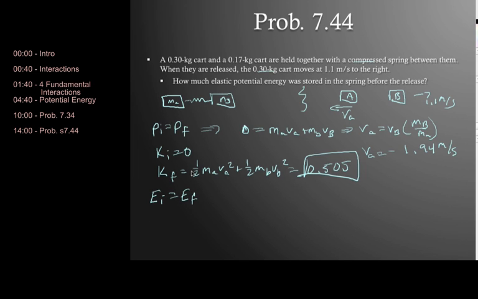So initially, I have the spring compressed. So that's U spring, potential energy of the spring, plus kinetic energy initial, plus what other energy terms I might have. It's going to be the potential energy of the spring final, plus kinetic final, plus maybe I have gravity final too. But in this case, gravity isn't playing a role.